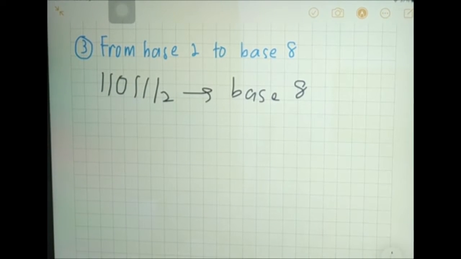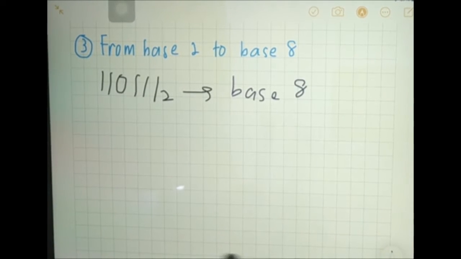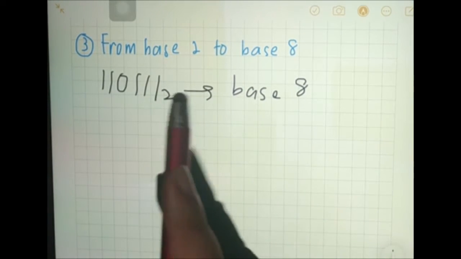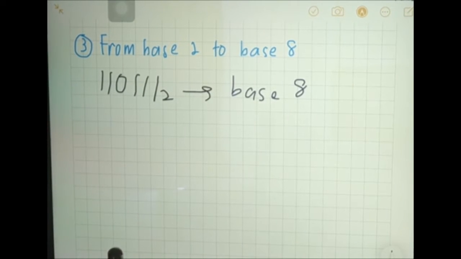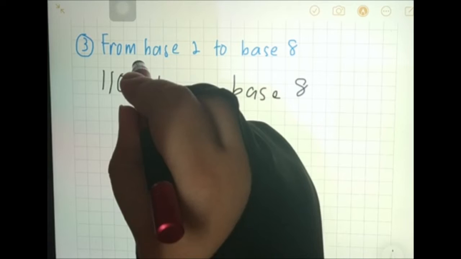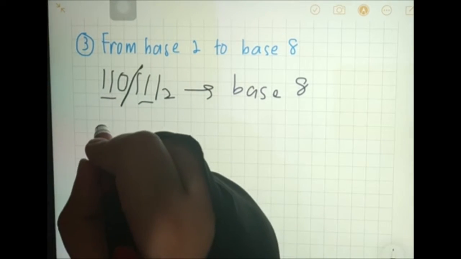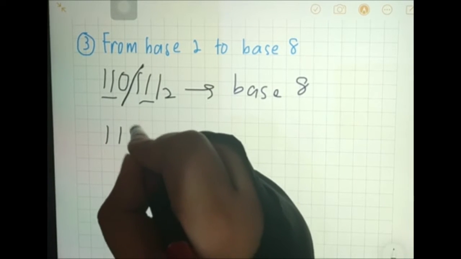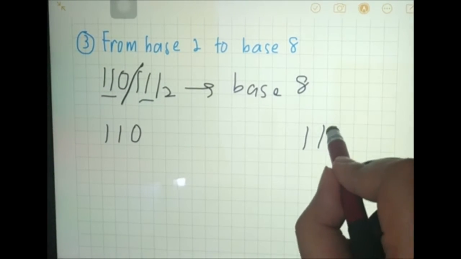Alright, so the first thing we have to do, listen carefully here, is we have to separate this number into 3-digit numbers. So we separate this into 3-digit numbers. Okay, 110, and here 111.